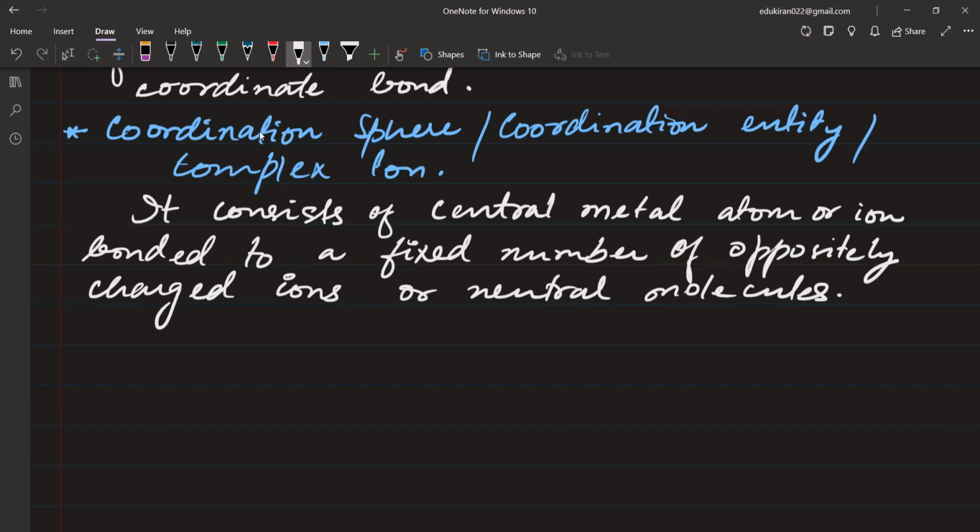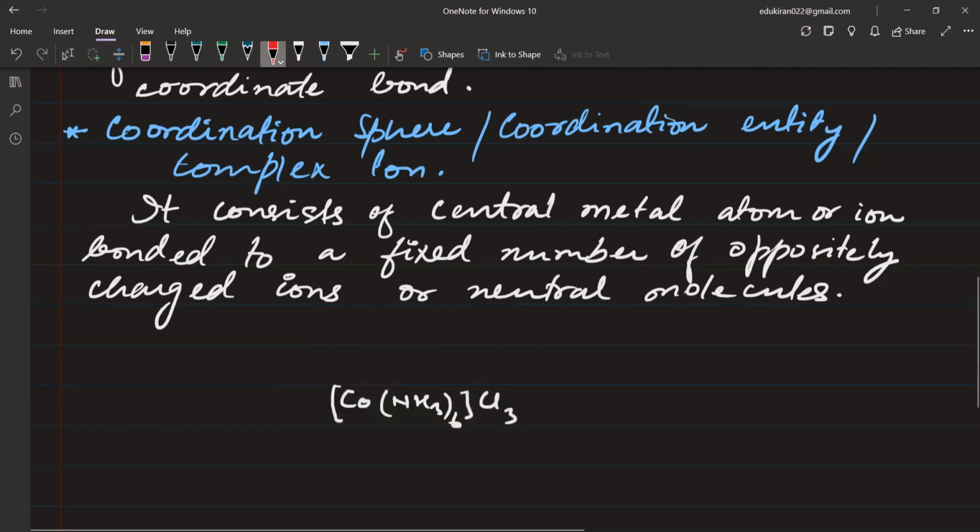Okay. For example, we have seen just now a compound, cobalt NH3 whole 6 and Cl3. Now this whole complete thing, it is a coordination compound. Okay, this complete thing is what?